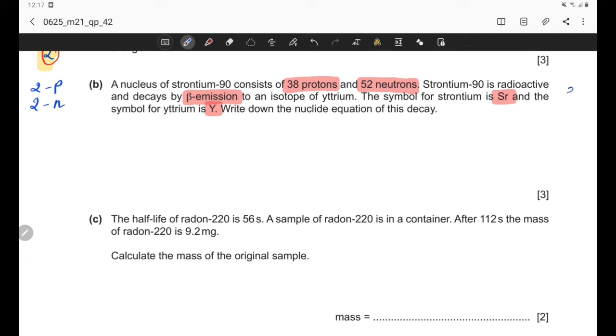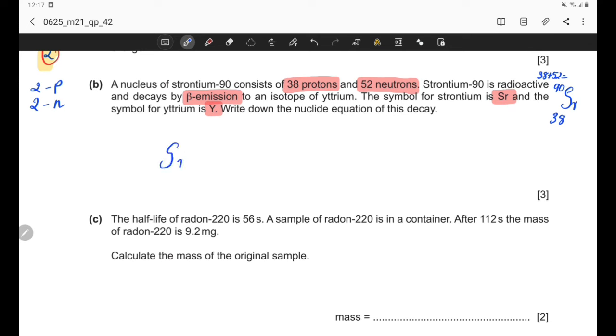Initially we have strontium, which consists of 38 protons and 52 neutrons. So 38 plus 52, that is 90 nucleons. So we can write that first.